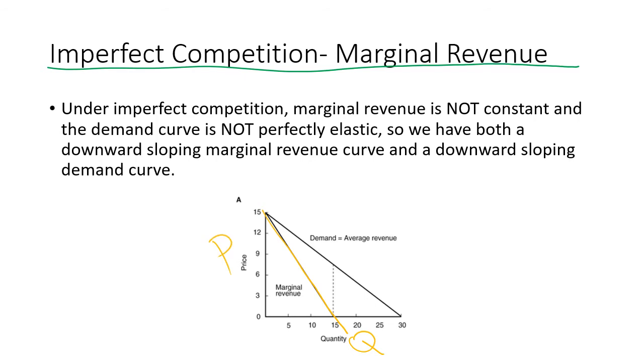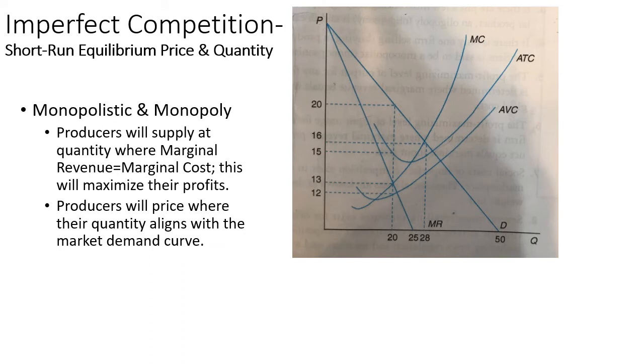So we're going to take a look at an example. And this is actually an example out of your textbook. It's number 1, and that's part of what's assigned for you for this week. So what we can figure out here is the short run equilibrium price and quantity.